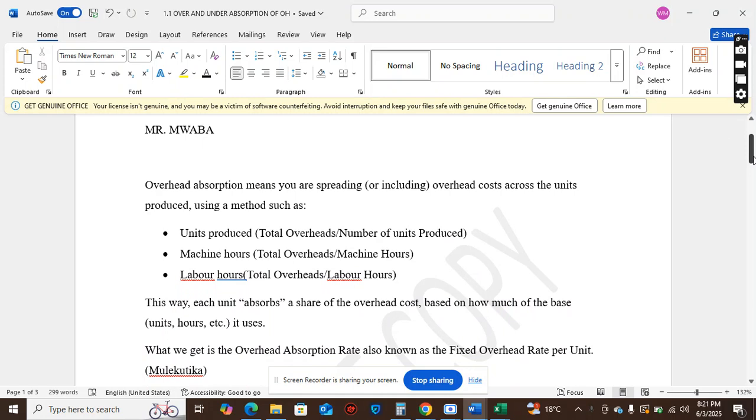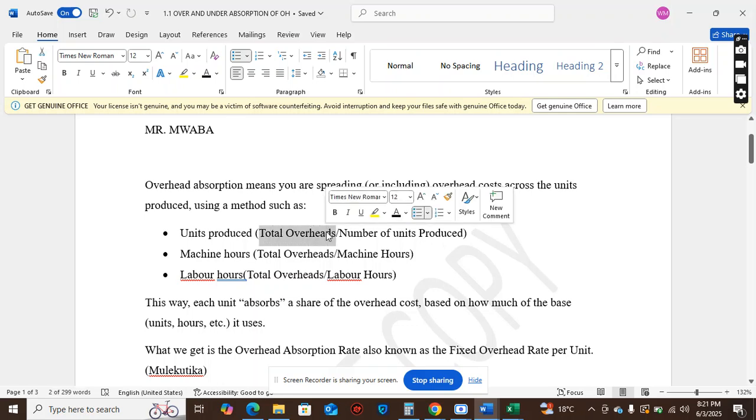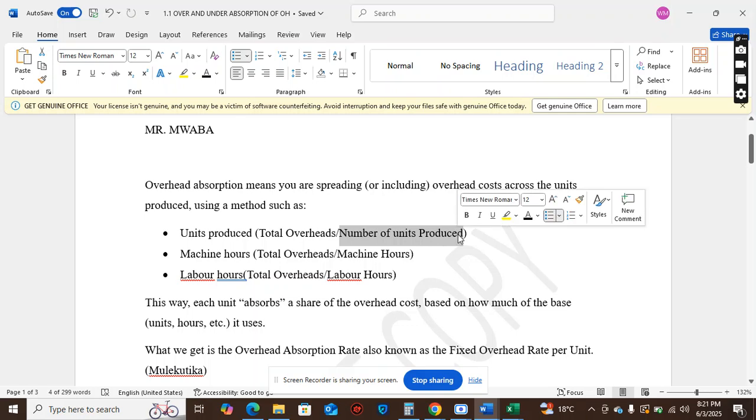You can absorb them using the units produced: you get your total overhead cost and divide it by the number of units produced. That way you have included the overheads using the units produced.